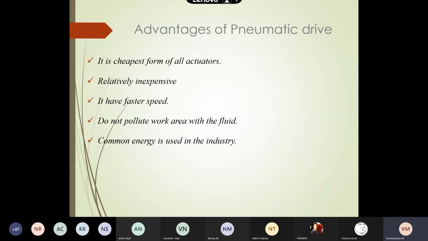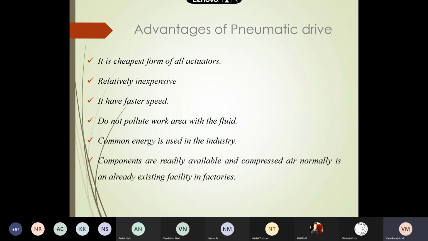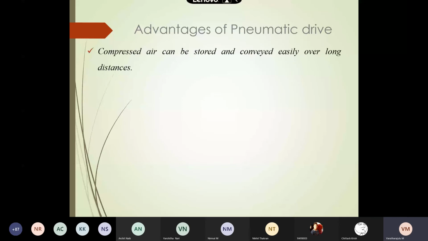The energy used is common in industries. Air components are readily available in compressed air. Normally it is an already existing facility in factories, and the compressed air can be stored and conveyed easily over long distances.